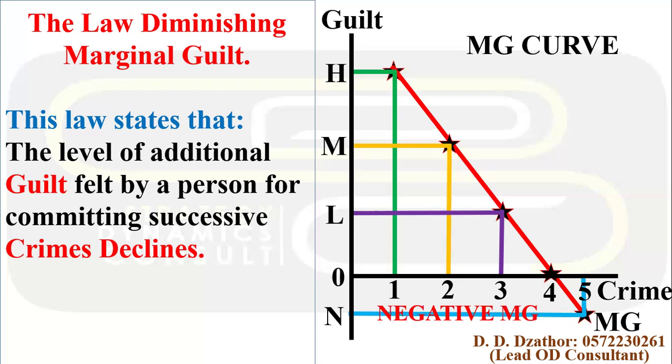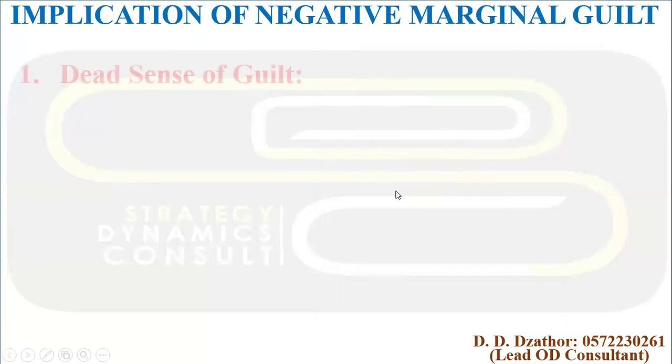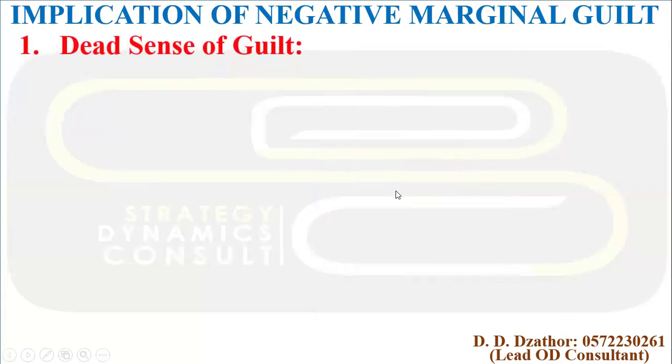Now, there are so many implications associated with a situation where the person gets into negative marginal guilt. So look at the implications. Anyone who gets into the level of negative marginal guilt begins to develop a dead sense of guilt.